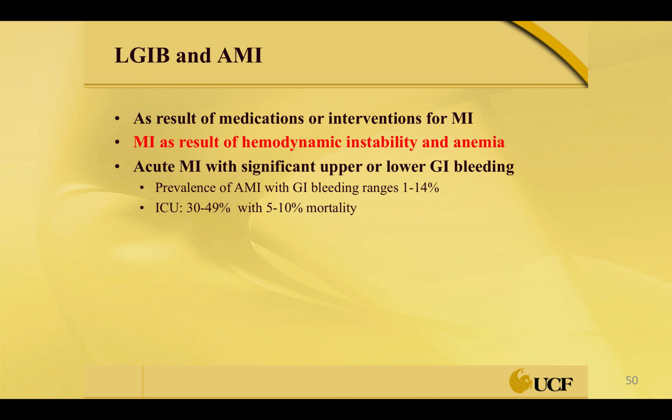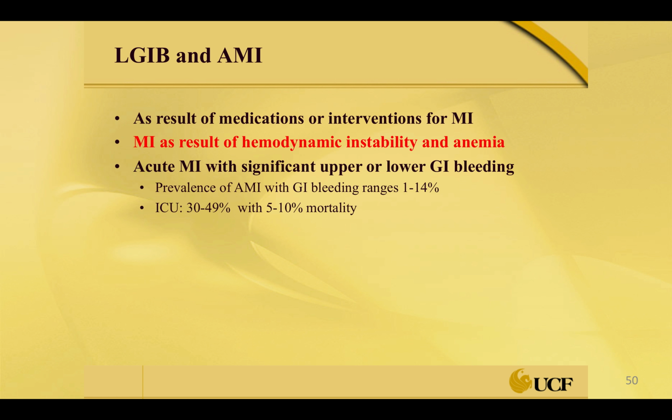A QMI with significant upper or lower GI bleed has a prevalence of GI ranges between 1 and 14%. And we see this in ICU patients as high as 30 to 49% with a 5 to 10% mortality. So you have a patient with low GI bleed and a positive history of acute myocardial infarction.